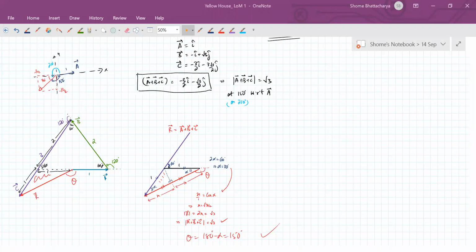Okay, so I'm coming to exercise 2 doubts now, because I think I've done the doubts of exercise 1. So we'll discuss question number 2 from exercise 1. Sorry, from exercise 2.